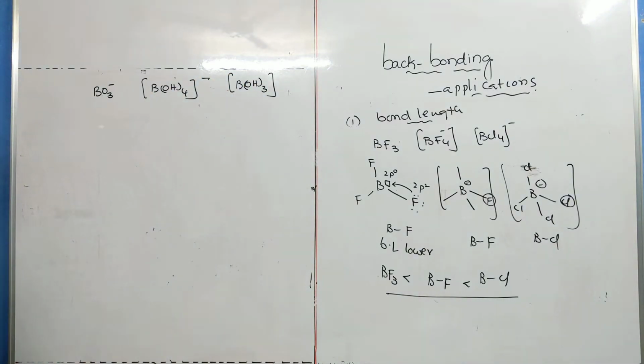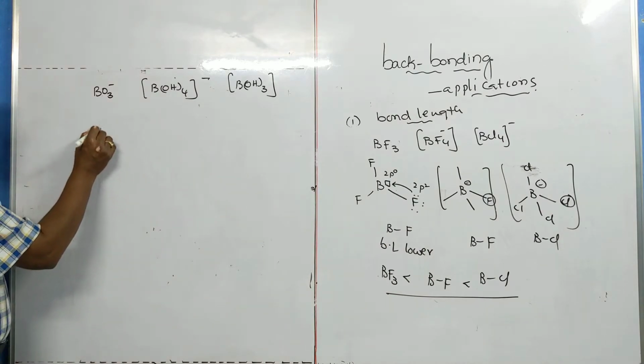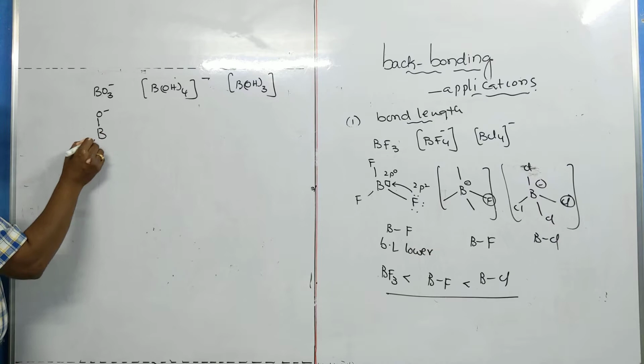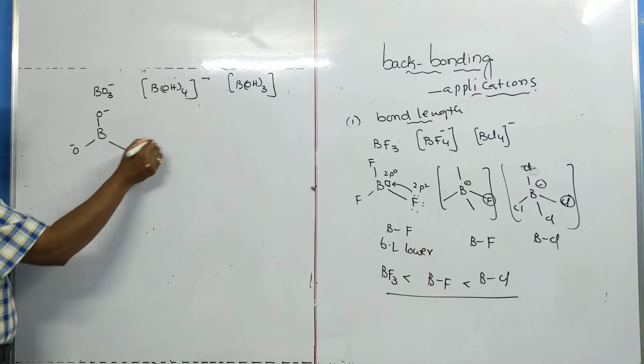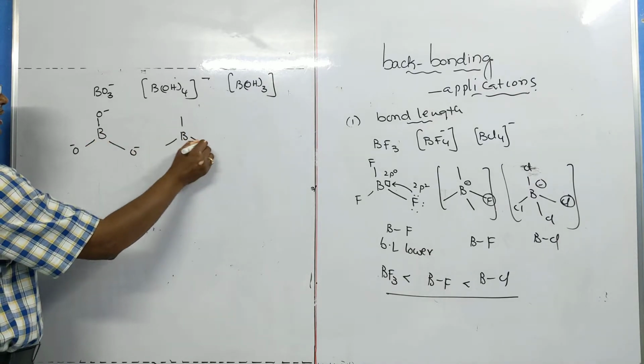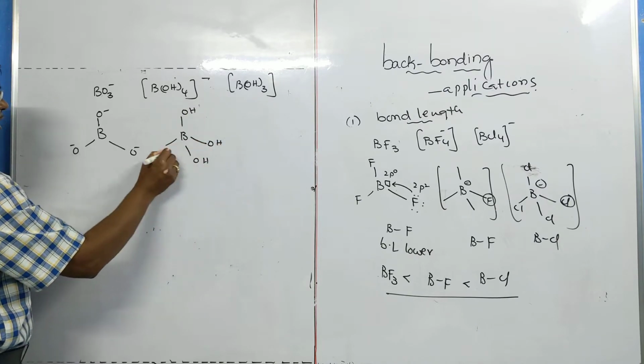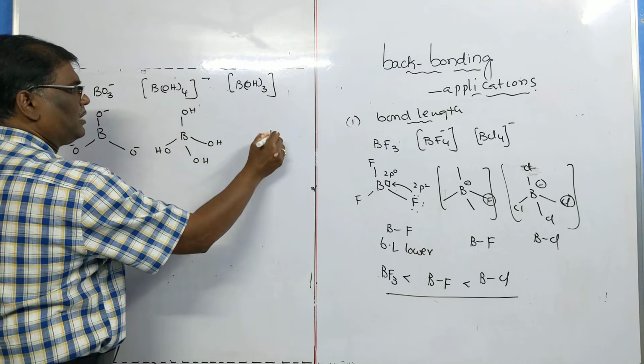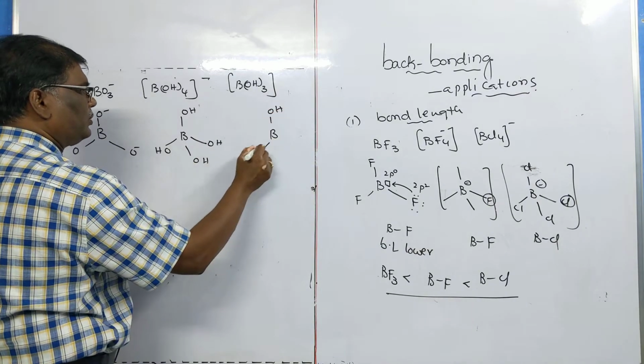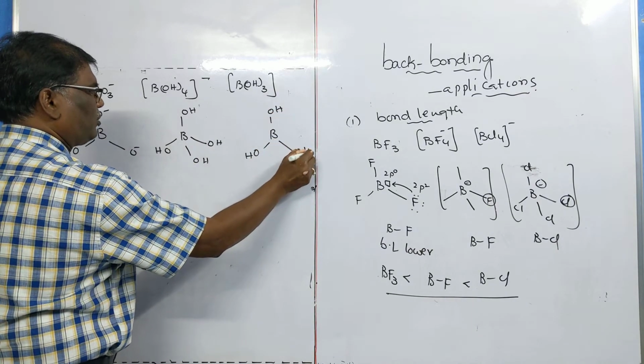Now in this one we are going to discuss the bond length. In BO3 minus, boron is held with 3 O minus ions. In BOH4 minus, boron is held with 4 OH groups. In B(OH)3, there are 3 OH groups.